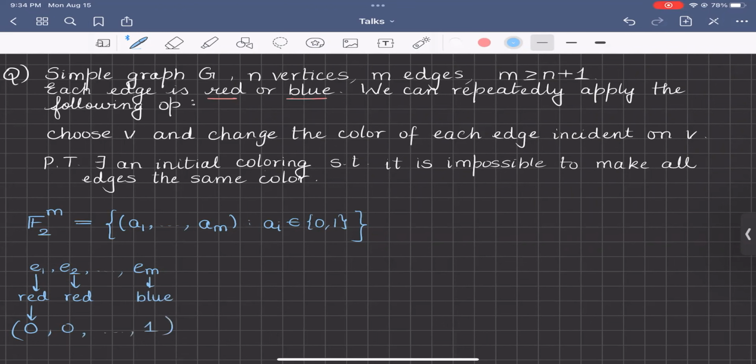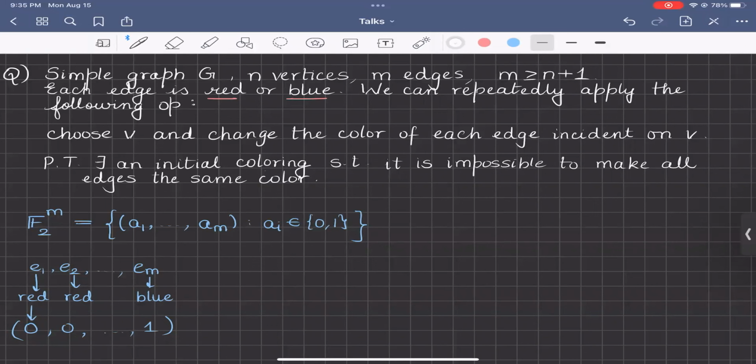So there's a very natural correspondence between the 2 to the M different edge colorings and this set. Now what does the operation really do? It just switches the number on the edges. Yes, but we are doing operations on vertices, not edges.